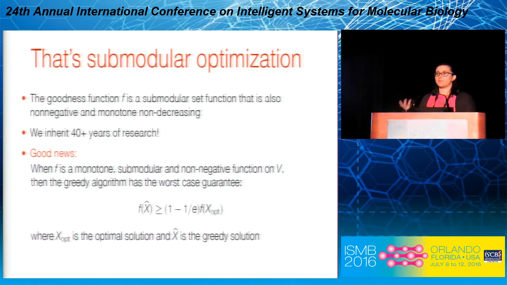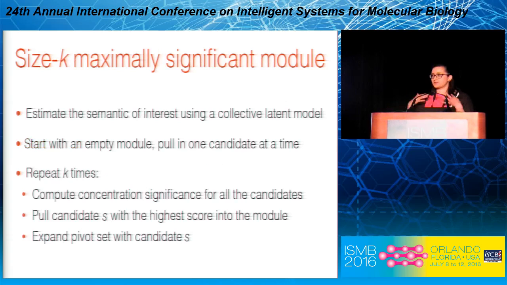And if you recall, the optimal solution, given F, would be the one that goes through all sets of size K. So I mentioned that the greedy algorithm is the one that provides us some theoretical guarantees, and we will be using it. The model that we use consists of the following 3 main steps. The first step is to derive a semantic based on a collection of heterogeneous data sets that we have.